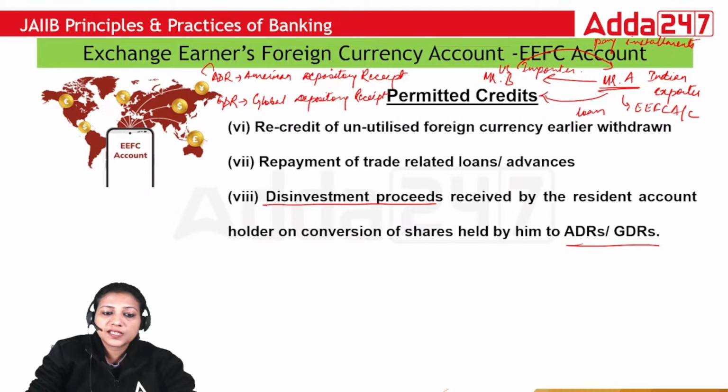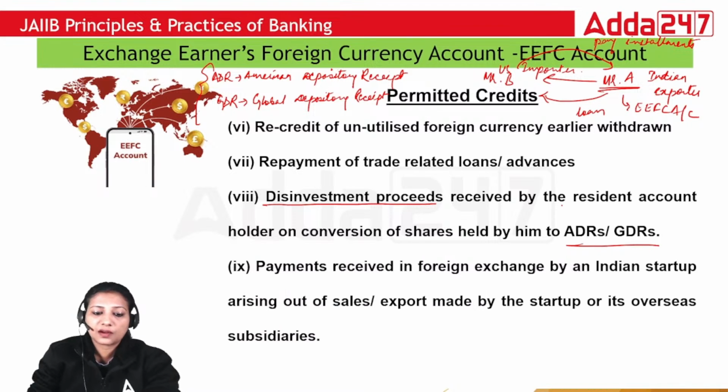These are shares which are floated in different currencies. American Depository Receipts are mainly in America, and GDRs are traded in different countries. So if somebody sells that share and receives the money, that can also be credited to the EFC account.